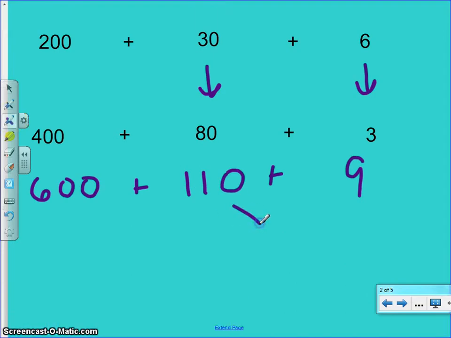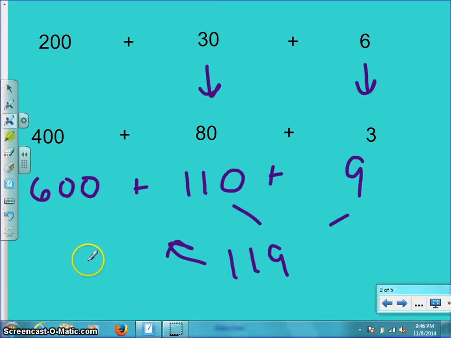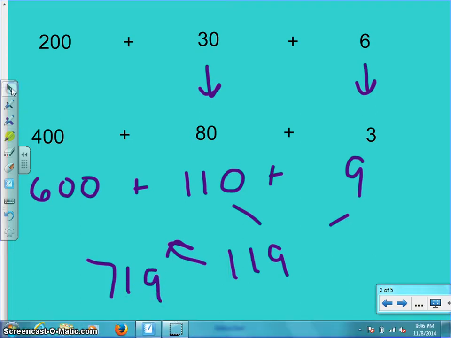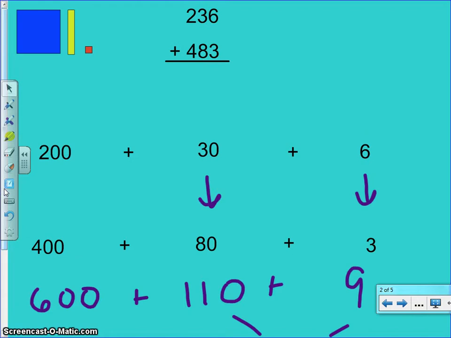So 110 plus 9 is going to give me 119. Then I add in the 600, and it's going to give me, oops, not 600, it's going to give me 719. So 236 plus 483 is 719.